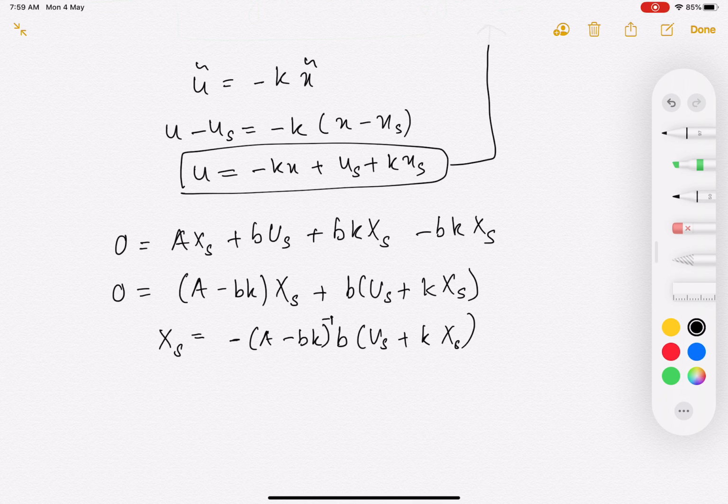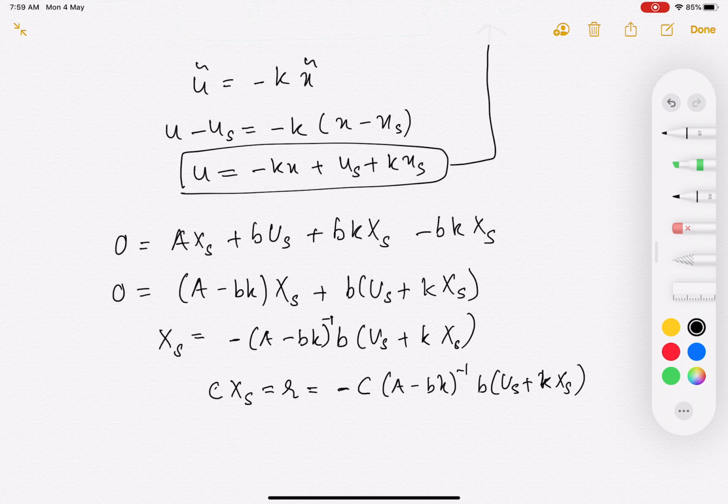So basically you can write your us plus kxs is equal to, okay, before that let us multiply this with c. So you get cxs, which is equal to r, is equal to minus c (a minus bk) inverse b (us plus kxs).